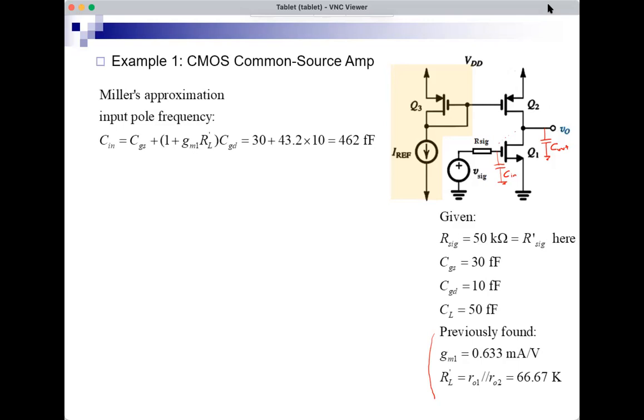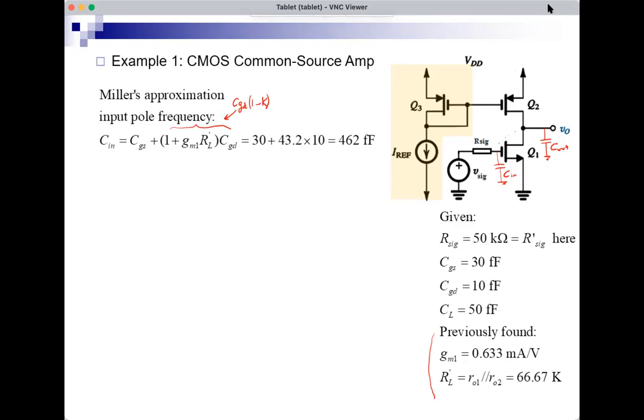And from the Miller formula, this is CGD times (1 minus K), the Miller multiplier, and K in this case is minus gm R prime L.